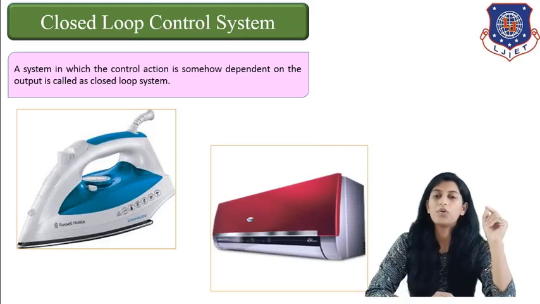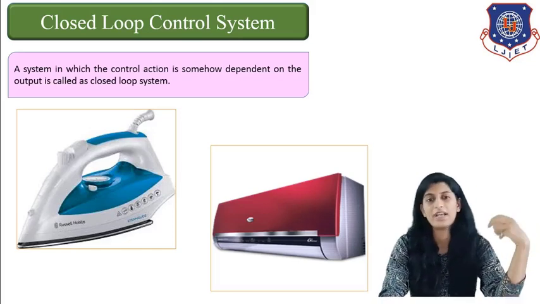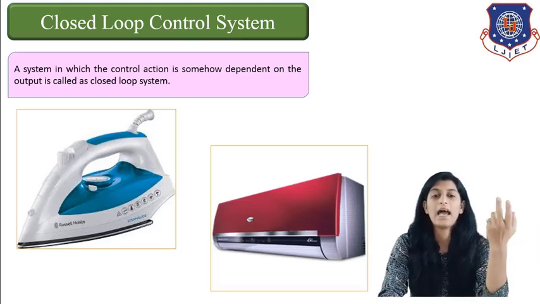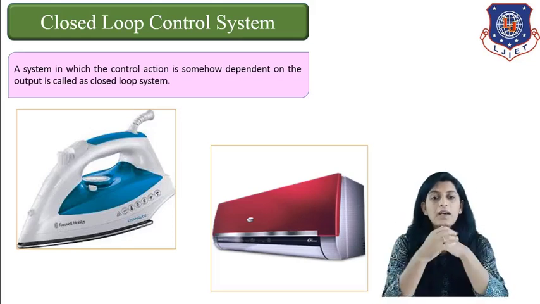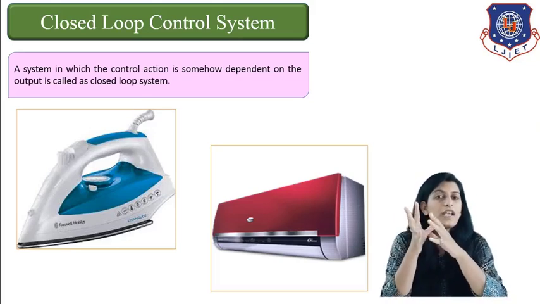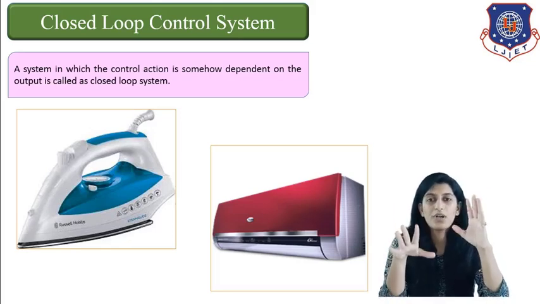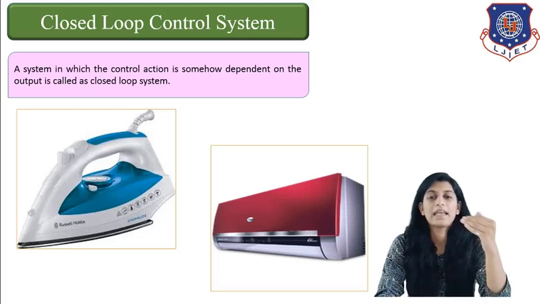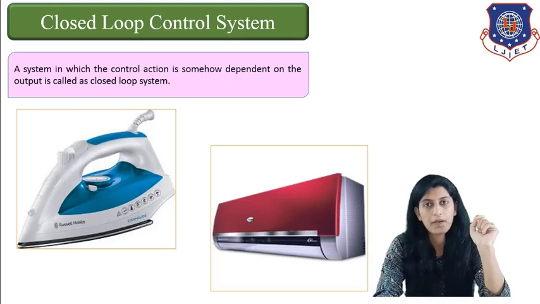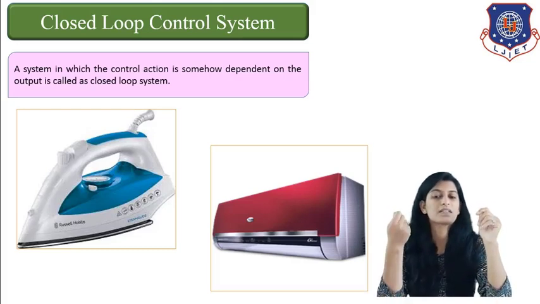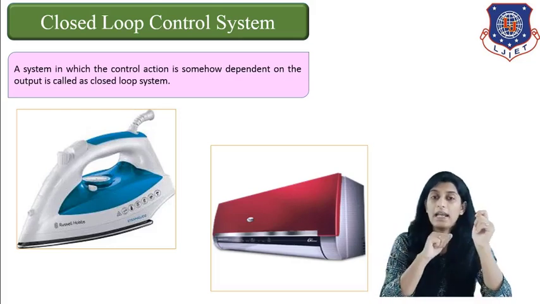Now, one more example of a closed loop control system is quite common, and we often use this equipment in our workplace or at our homes. It is our air conditioner, right? The duty of an air conditioner is to provide a suitable temperature so that you can get a healthy and comfortable atmosphere. So, what we do is we set some temperature in our air conditioner.